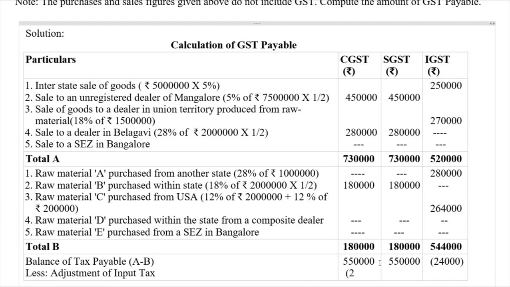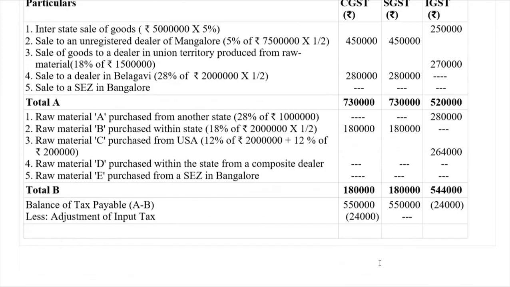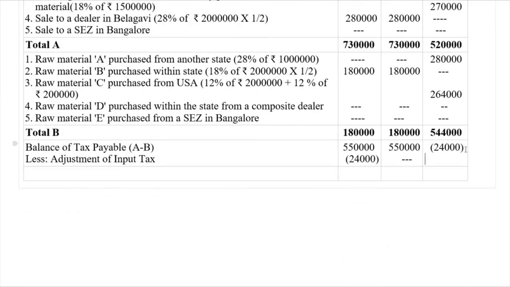So 24,000. So here it is nothing, or you can put a 0 also. Here this 24,000 is utilized.